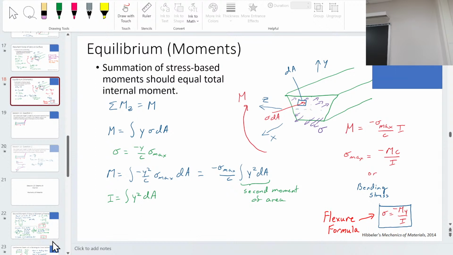We can't say negative, because your y is positive and your internal M is going to be negative.